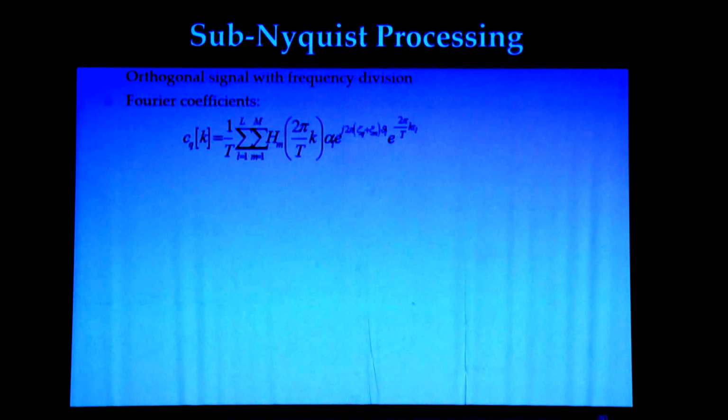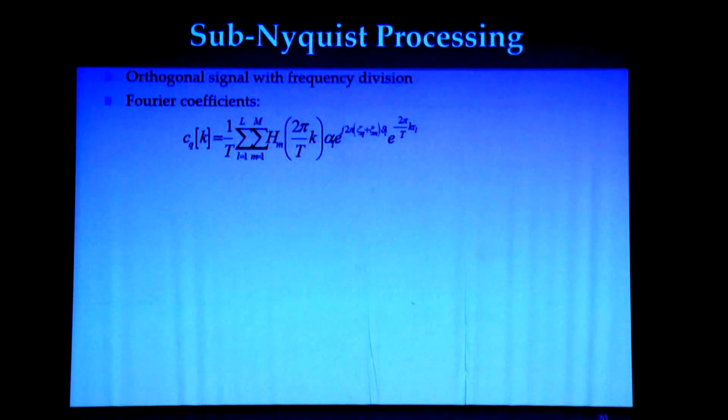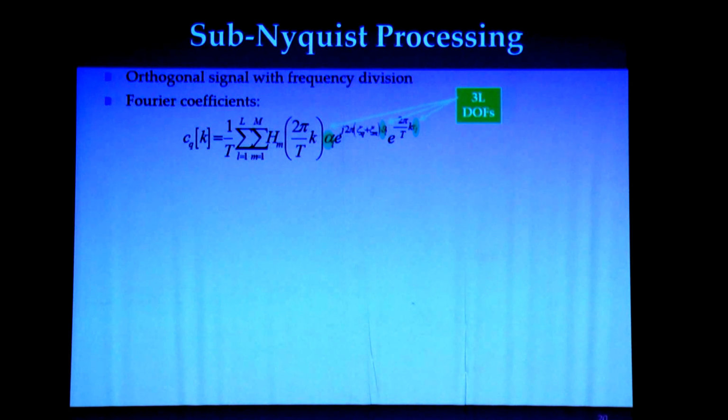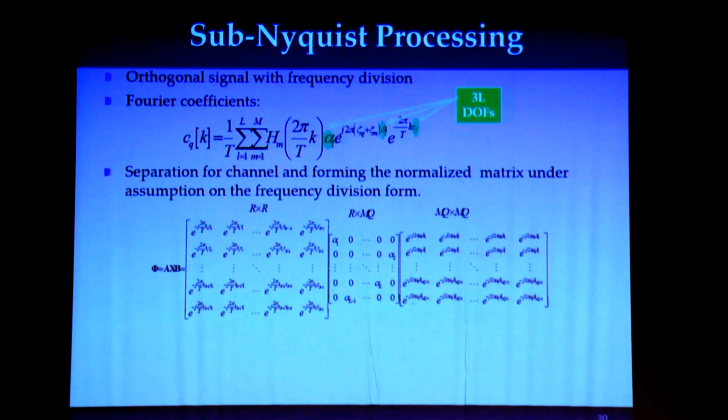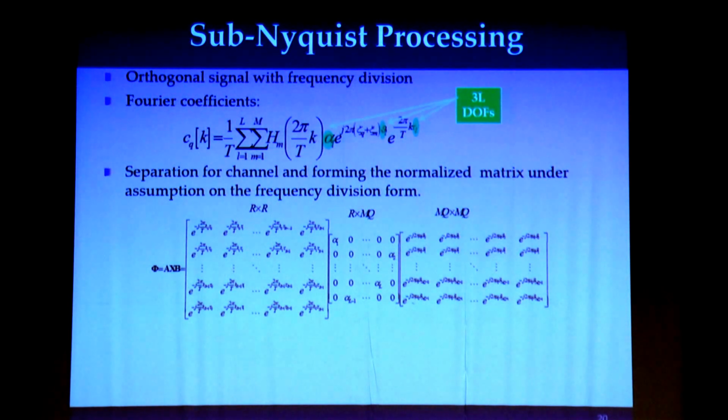And the answer is yes, again, using sampling. What we do here is go back to looking at the Fourier coefficient, and we see again our degrees of freedom, the parameters that we want to recover, and going again to the matrix form. After separating the different channels that we talked about, we can write this Fourier coefficient in matrix form.